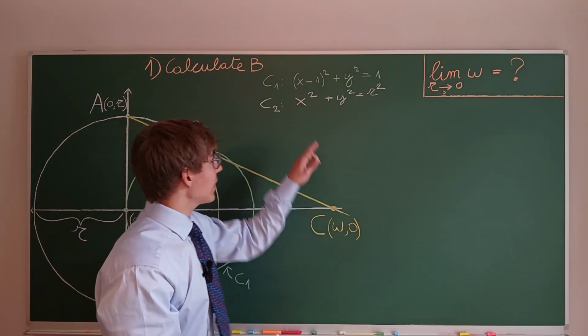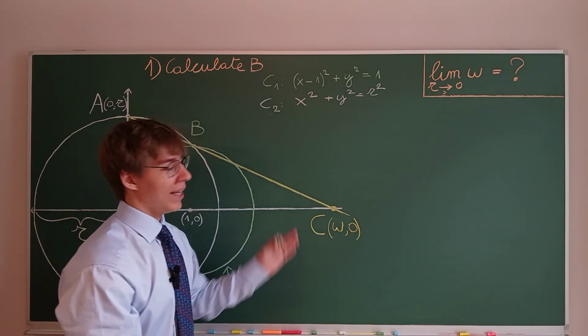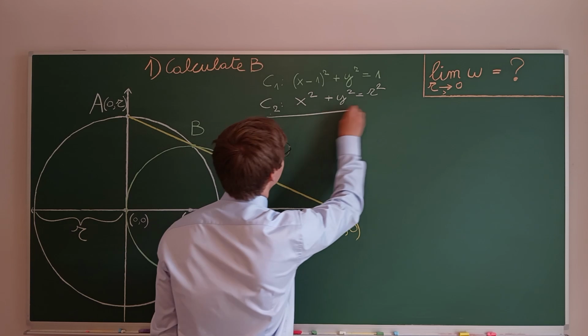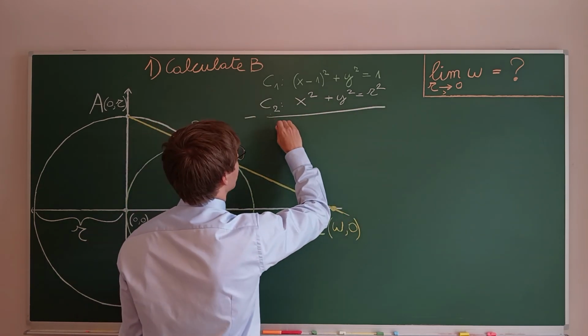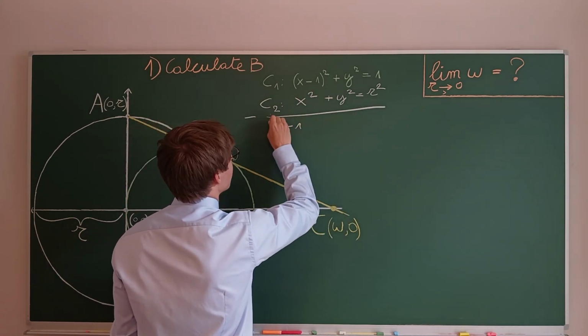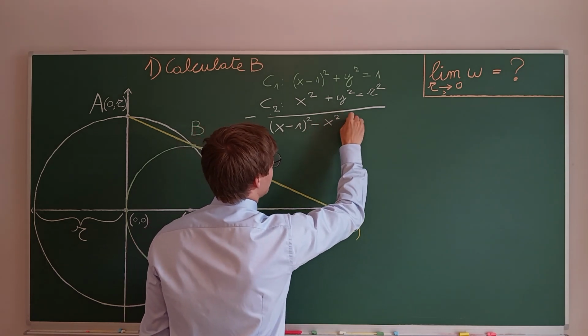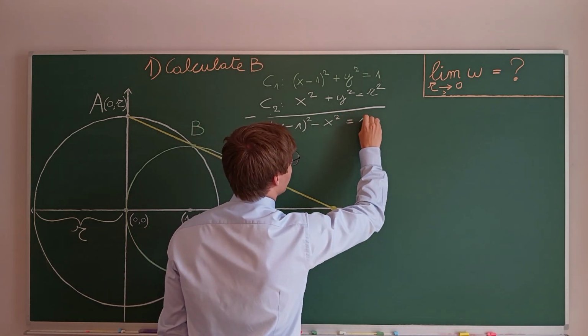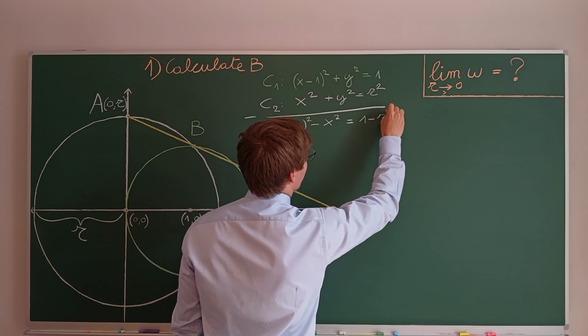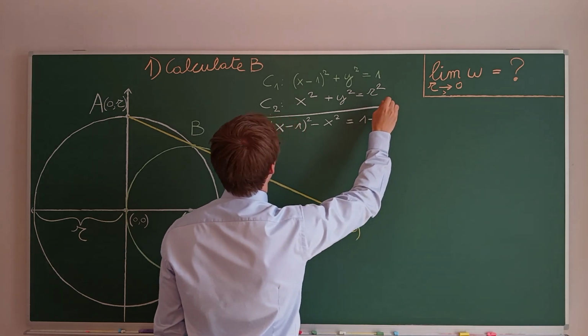So let's subtract the second one from the first one, and then the y's will cancel. And we get (x minus 1) squared minus x squared is equal to 1 minus r squared.